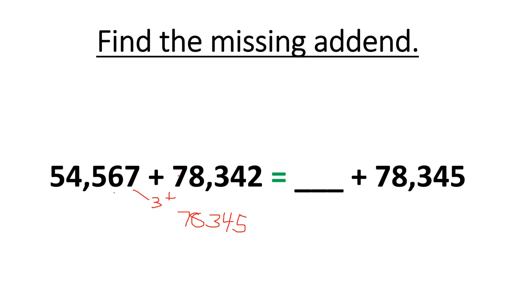And if I took 3 away in my head, I can do that as 564, so it's 54,564. And that is my missing number. Hope you had fun with comparative relational thinking of addition.